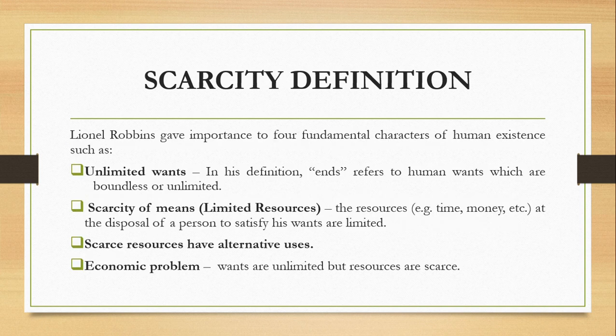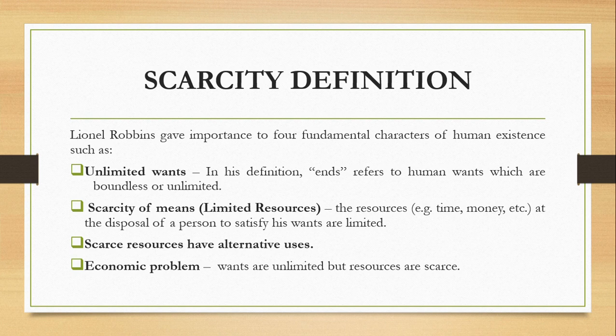Lionel Robbins gave importance to four fundamental characteristics of human existence, such as unlimited wants. In his definition, ends refers to human wants which are boundless or unlimited, and also scarcity of means or limited resources. According to him, the resources, for example time, money, etc., which are at the disposal of a person to satisfy his wants are limited.